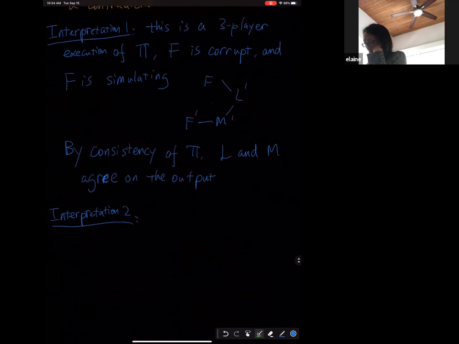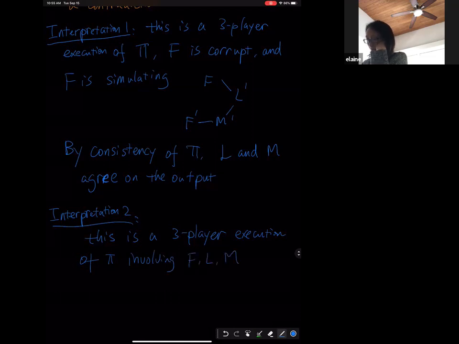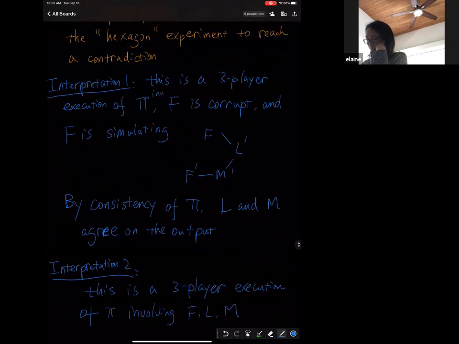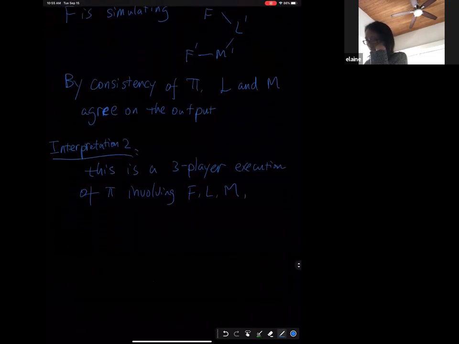Okay, so let me write it down. Interpretation 2 is imagining that this is actually a 3-player execution of pi involving F, L, and M. But in interpretation 2, L is the corrupt party.